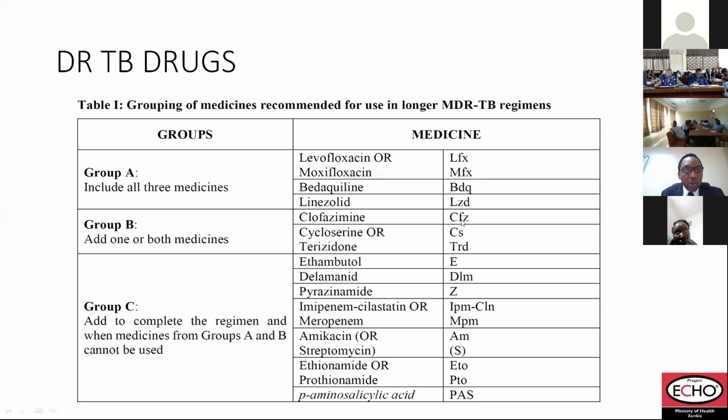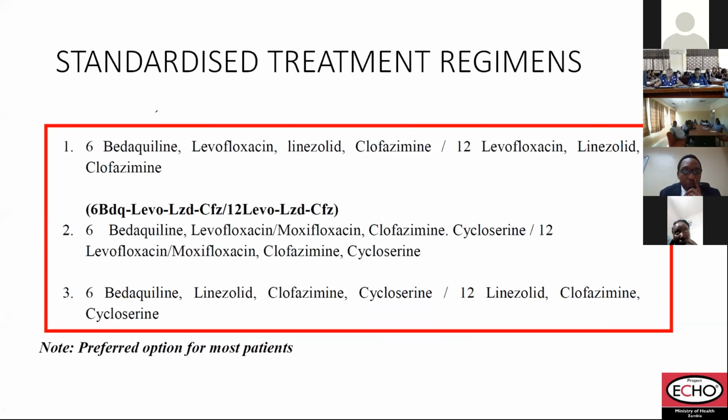Then you have to pick drugs from group C to help consolidate your full drug regimen for drug-resistant TB. I hope we are very clear. The reason we are not prioritizing group C, besides effectiveness, is the issue of adverse effects, not resistance, sorry.